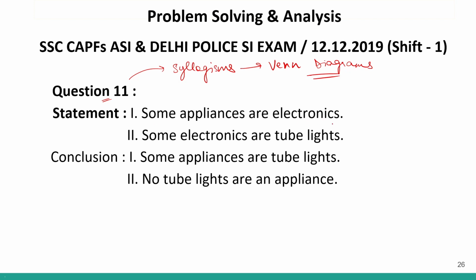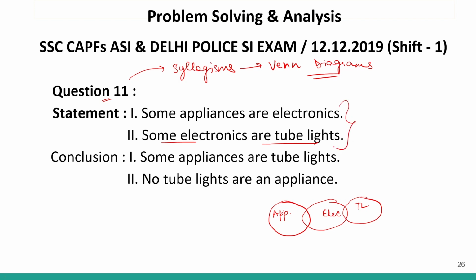So, if I have to present appliance and electronics, if this is my appliance, some appliances are electronics. I can represent it like this. Some appliances are electronics. Some electronics are tube lights. So, some electronics are tube lights.